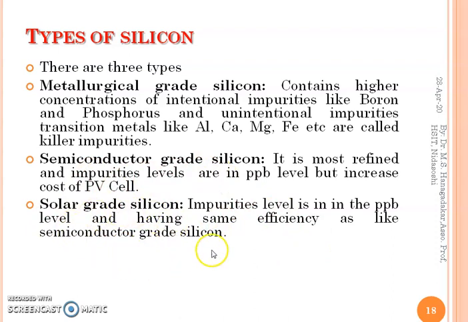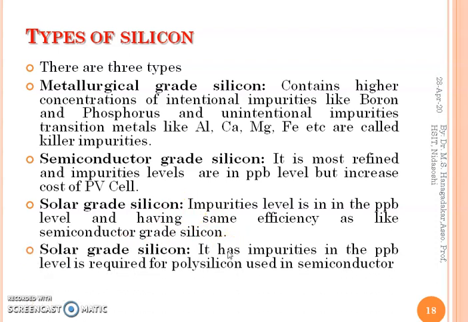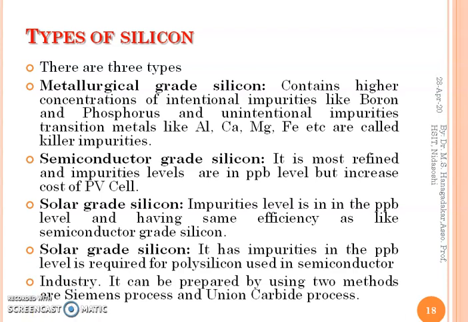Therefore, solar grade silicon is the most feasible for making photovoltaic cells. We use this solar grade silicon in the form of polycrystalline silicon, as the semiconductor for making the photovoltaic cell.